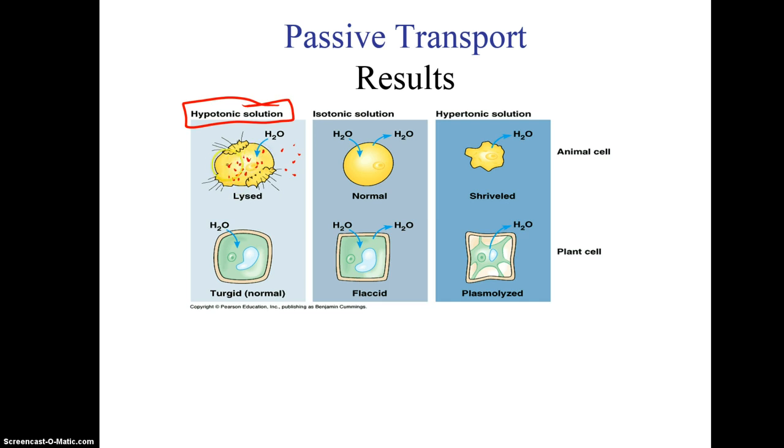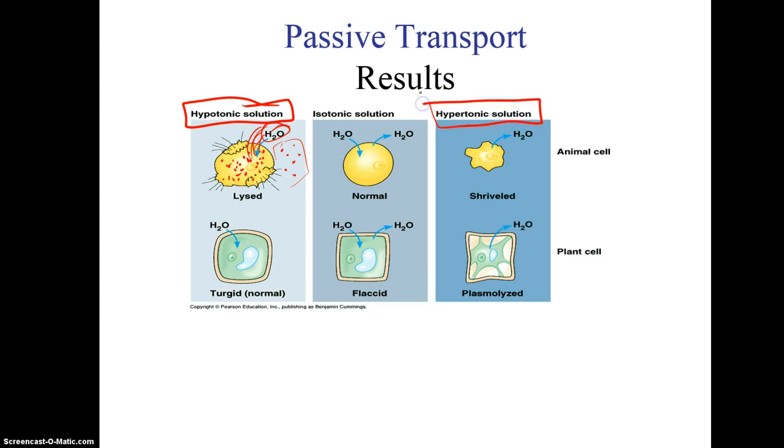If the concentration of solutes is lower outside of the cell, then the water concentration is going to be higher outside the cell because there's less solutes taking up volume. So water is going to move into the cell and the cell is going to kind of explode. Sometimes it's able to kind of withstand it, but if it's in there too long, it's going to explode.